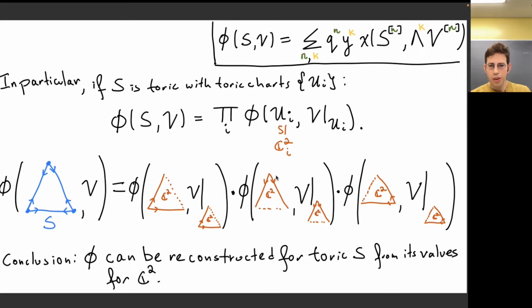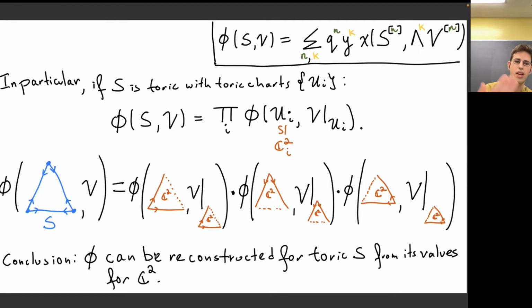If S is toric with these toric charts, then the genus over the toric surface is equal to the product of the individual genera over each of these copies of C2. So if my toric surface S here is P2, then it will be a product of 3 copies of the corresponding function for C2, 1 for each of these fixed points.